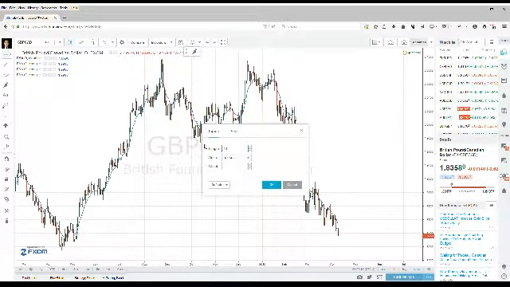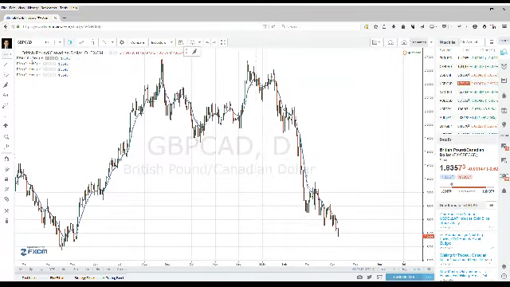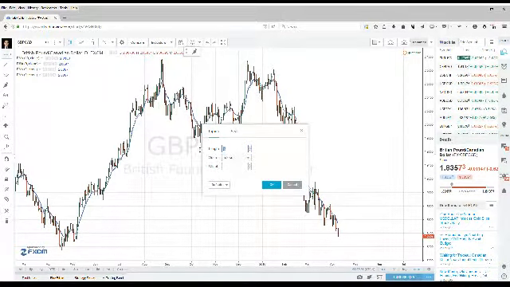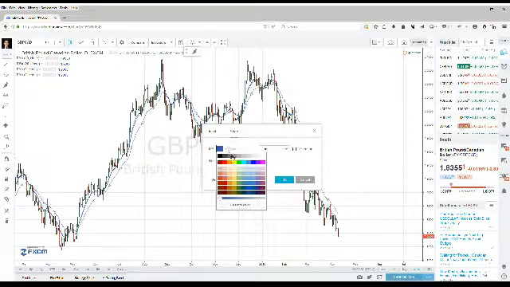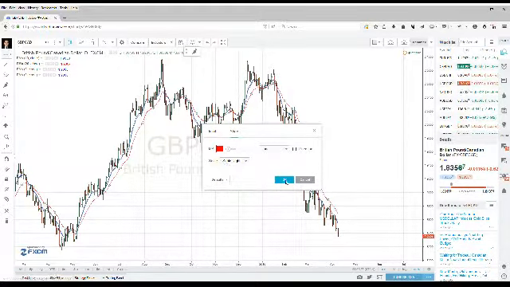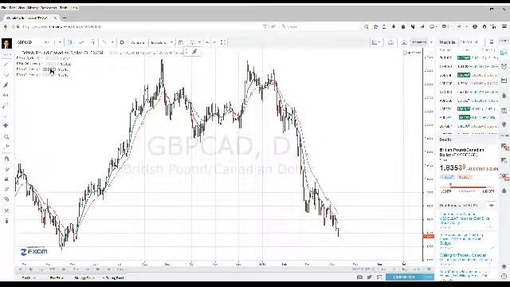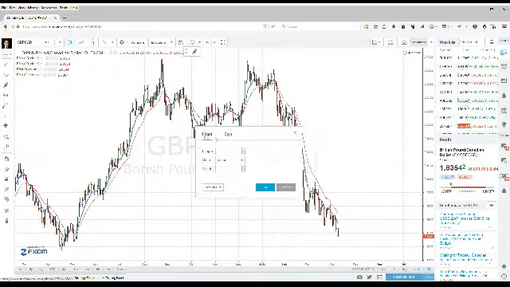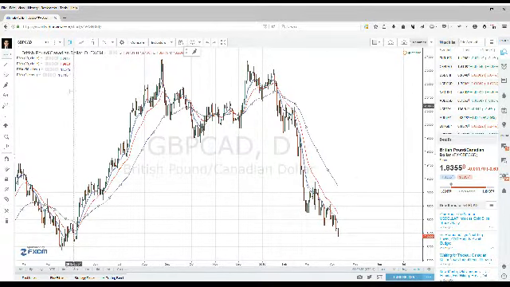So you're gonna start with the 10 period moving average. Then you're gonna have the 20 period moving average, which I'll just change color here, and put this one red. Then you're gonna have the 50 period moving average.